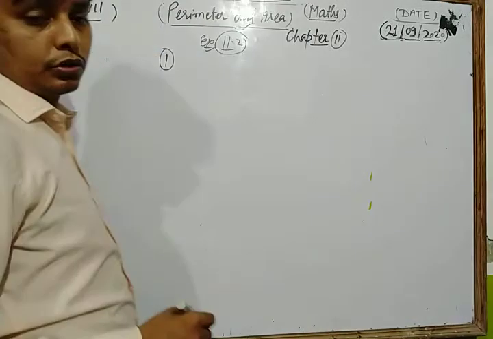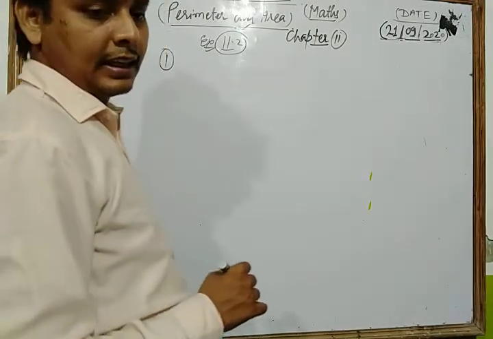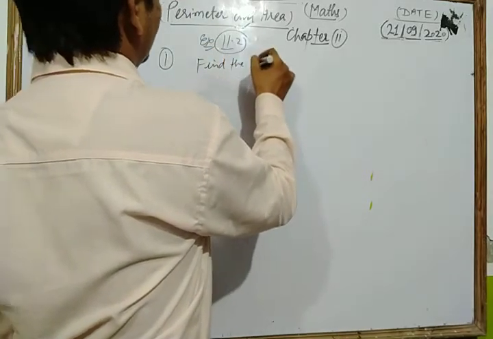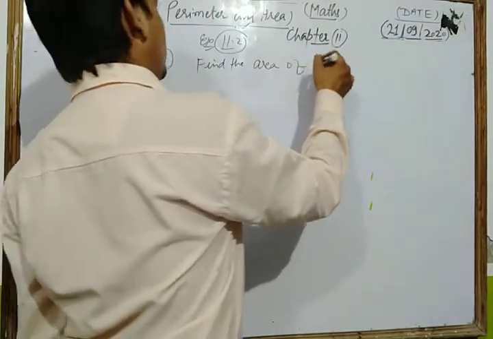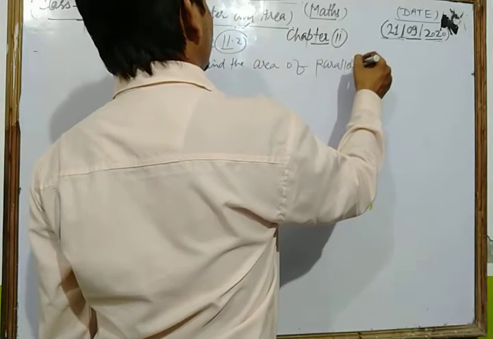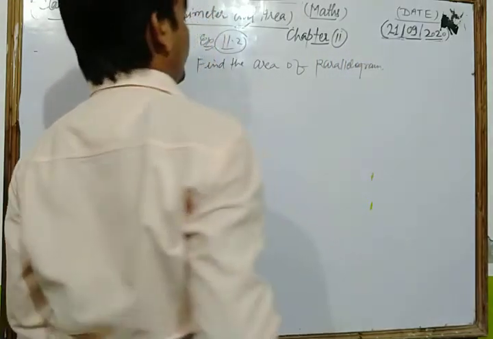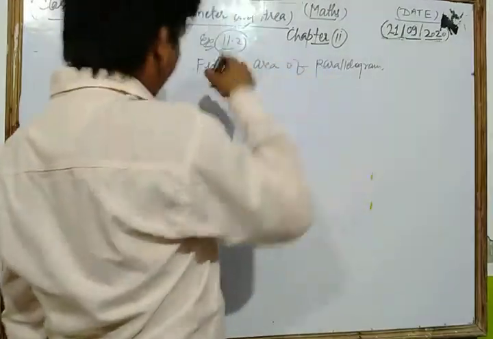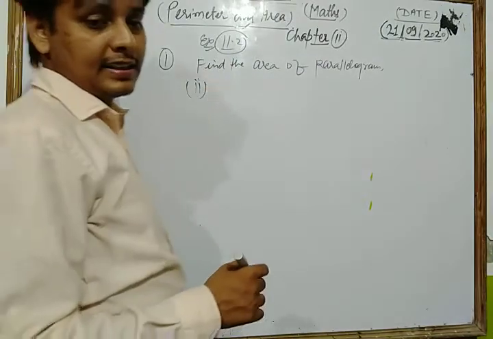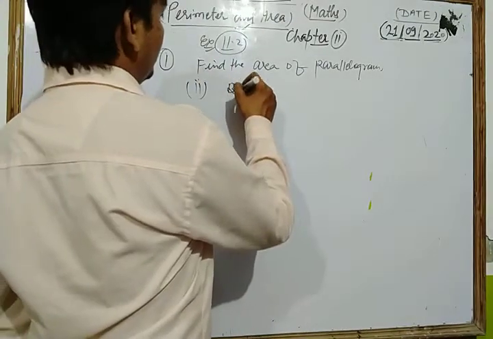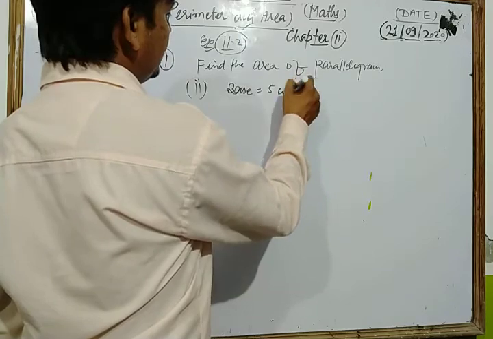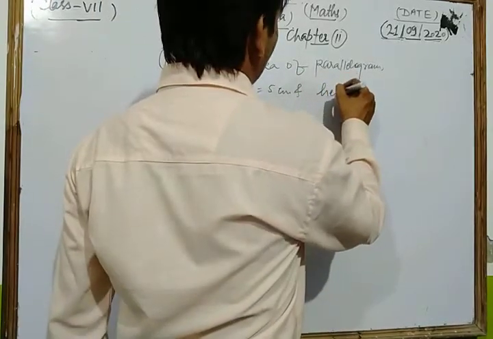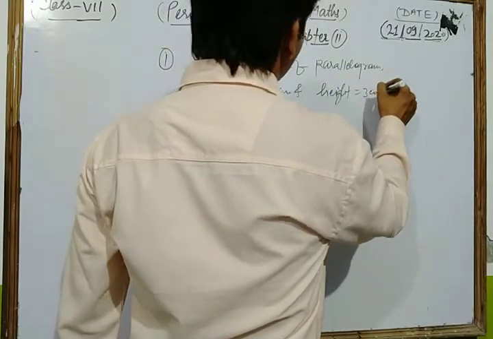We take one part of the question first: find the area of parallelogram. Let's see the second part of this question. Here the base is given as 5 centimeter, and the perpendicular height is 3 centimeter.